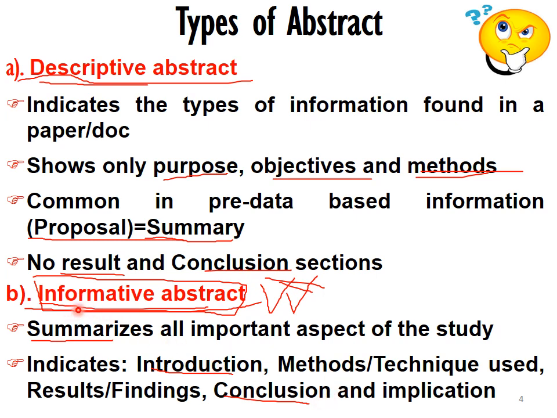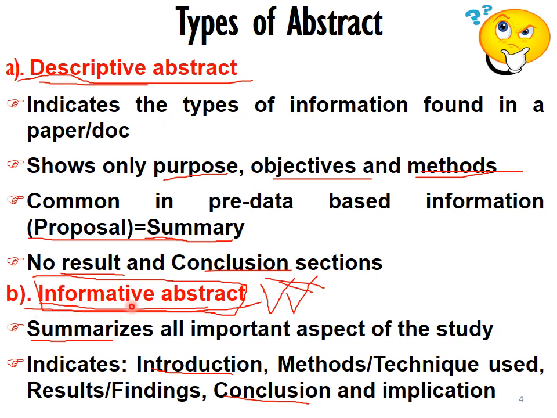It is an abstract which we write after we are done with all the processes of research: you have gone for data collection, you have analyzed your data, and you have everything in hand. You now want to communicate the findings to the public, whether by publishing a paper, making a conference or seminar presentation, or writing a technical report for the masses. Such an abstract, which details the entire activities, is what we now call the informative abstract.